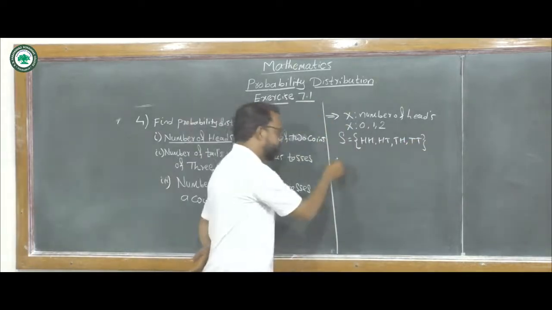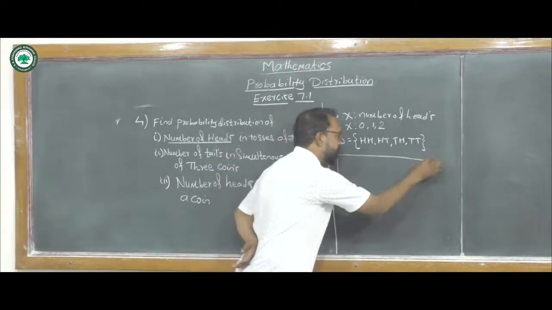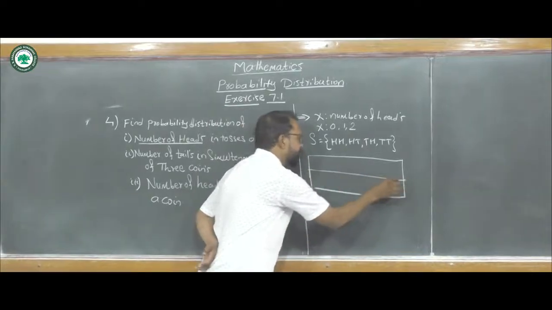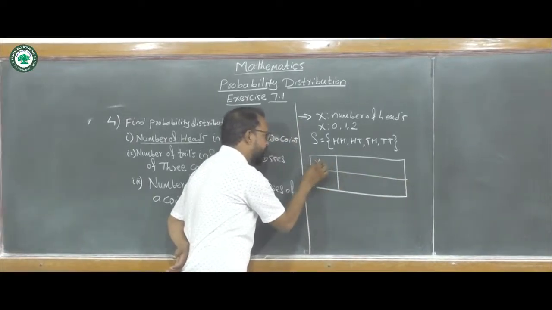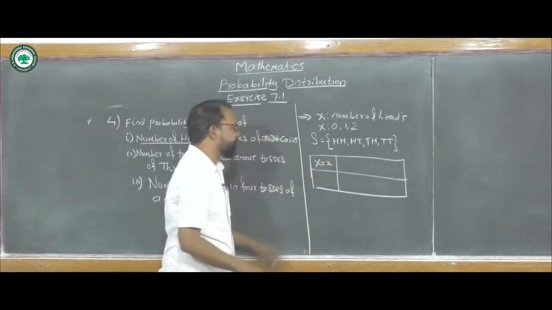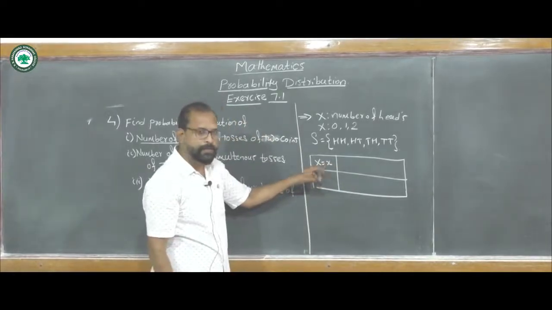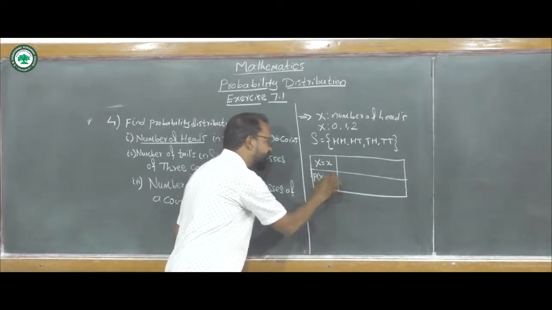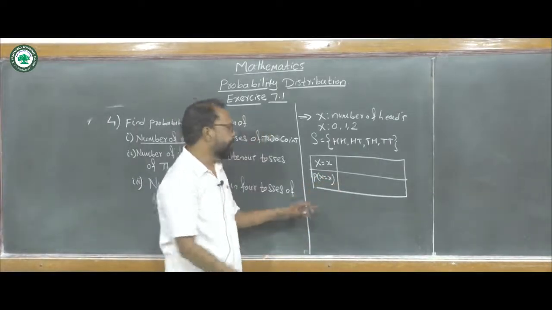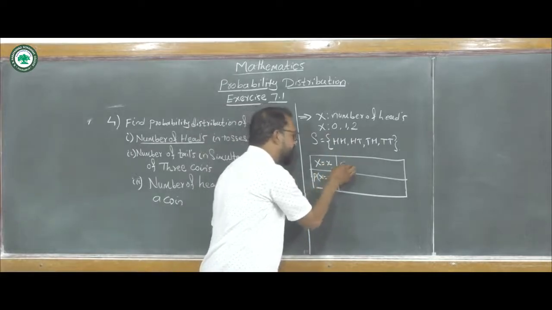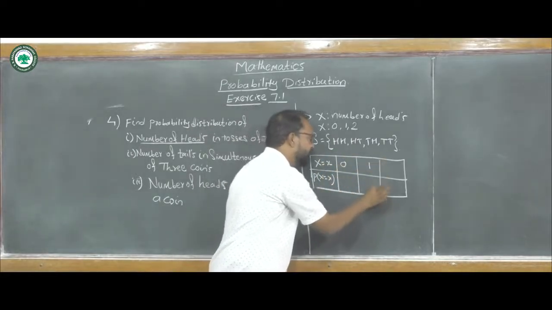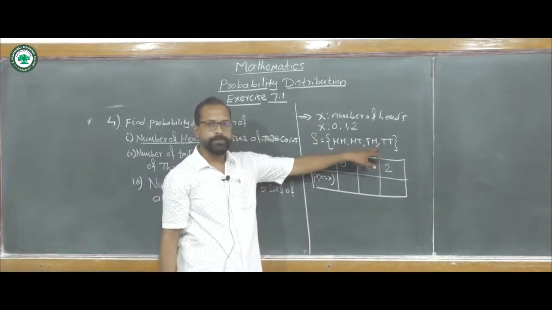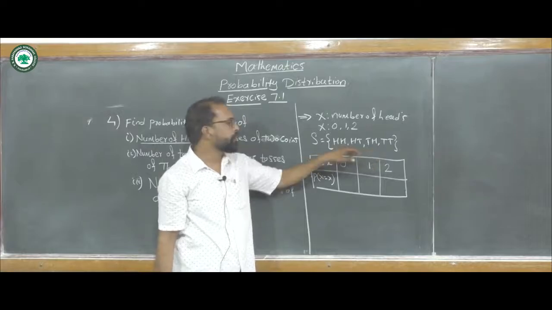Now to find the probability distribution, we write a table which shows the value of random variable X, that is the random variable X taking the value x, and its corresponding probability, that is the probability when random variable X takes the value x. The values of X are 0, 1 and 2. Observe that there are four outcomes in the sample space.